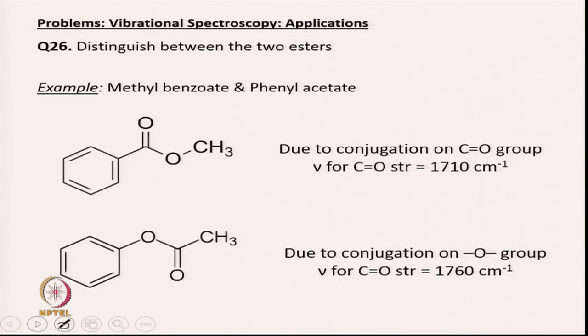Now, the next question is, can we distinguish two esters? Take the example of methyl benzoate and phenyl acetate. Here there is conjugation between these two bonds, and in the other there is conjugation with the lone pair on the O group. So the frequency here will be at 1760 cm^-1, whereas nu for CO stretching in the above case will be at 1710 cm^-1.